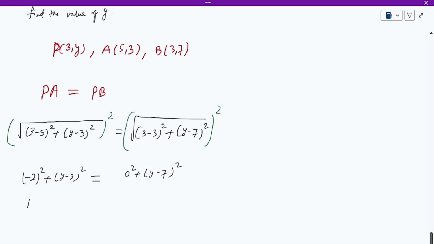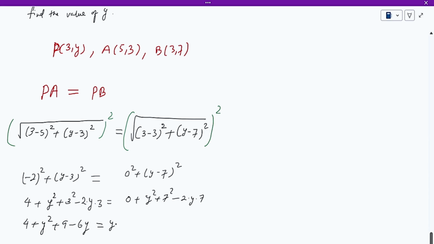Now minus 2 square means 4, and y minus 3 whole square you can split by using the identity: y square plus 3 square minus 2 into y into 3, and on the right 0 square means 0, you just write 0 plus y minus 7 square means y square plus 7 square minus 2 times y into 7. So once you simplify this, you will find that 4 plus y square plus 9 minus 6y, and on the right side y square plus 49 minus 14y.